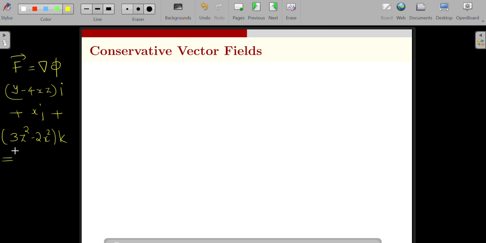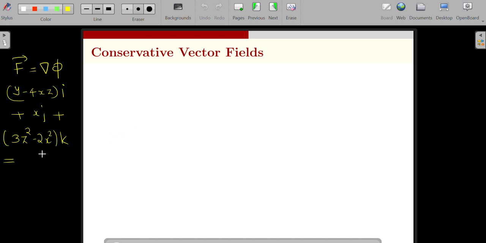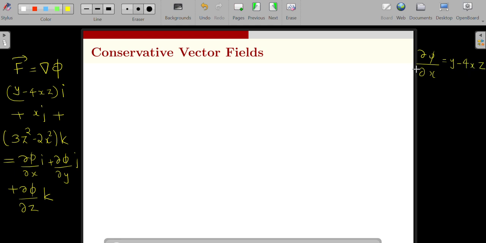This is the same as dou phi by dou x i plus dou phi by dou y j plus dou phi by dou z k. So we get dou phi by dou x as y minus 4xz, dou phi by dou y equal to x, and dou phi by dou z equal to 3z square minus 2x square.